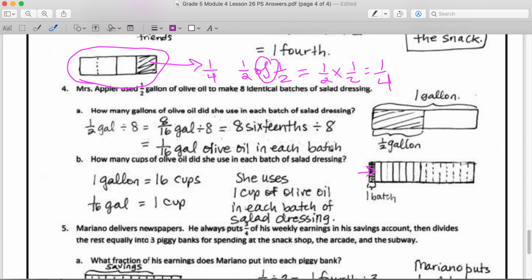So you might be saying, well, how come it's not 1/8? Well, I didn't start off with a whole. I only started off with this. So it is 1/8 of 1/2. Oh boy, look at that. We know that this is multiplication. So that's 1/8, look at that, times a half, which is still 1/16.